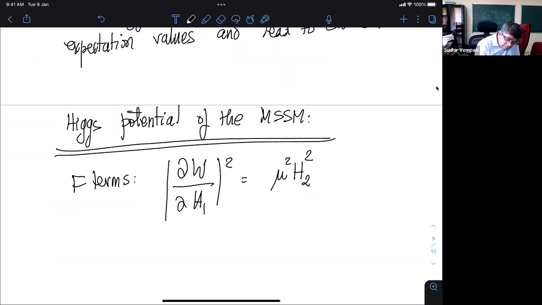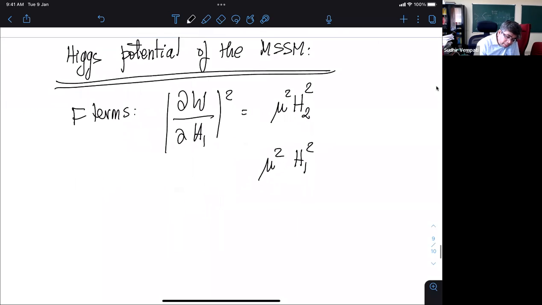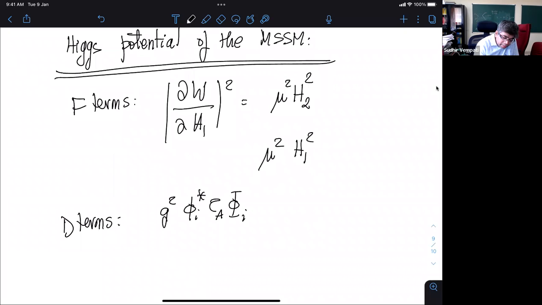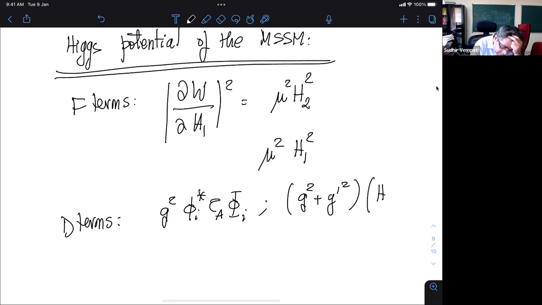Similarly, you'll have mu square H1 square. Then D terms. The D terms, the general form is g square phi i star tau A phi i. Like this we said it earlier. So this gives me g square plus g prime square, because both of them contribute, times H2 0 square minus H1 0 square whole square.